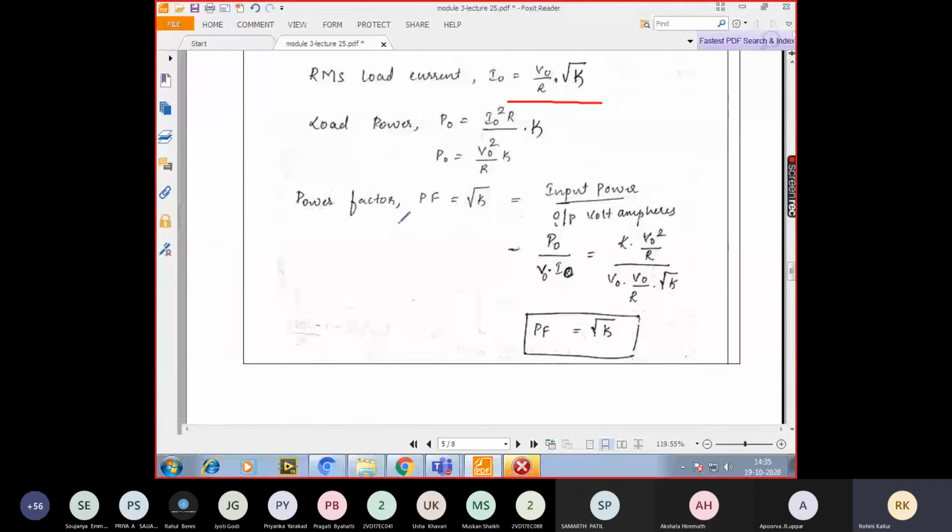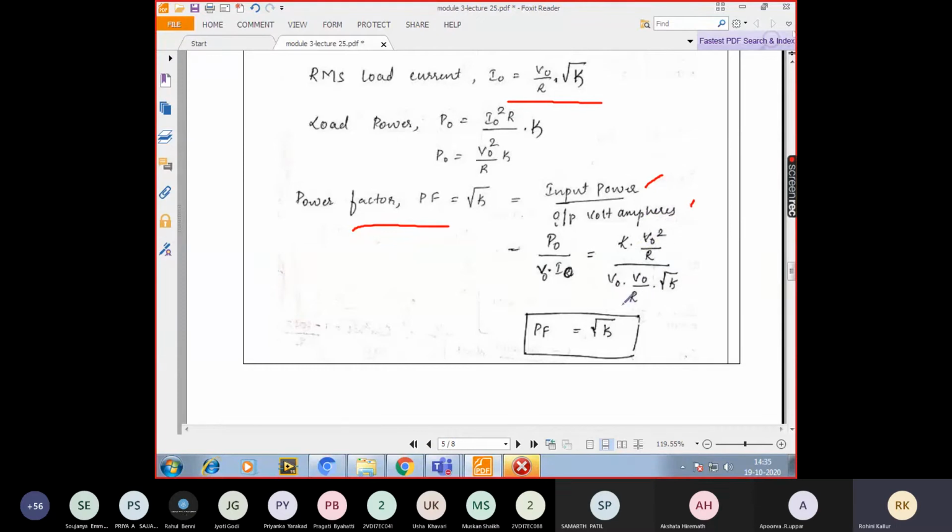So what is power factor? Power factor is the ratio of input power to input volt amperes. Input power is P0 and input volt amperes is V0 into I0. When I write this, you will have V0 square by R into K in the numerator, and in the denominator V0 into V0 by R into root of K. So V0 and V0, which is V0 square, gets cancelled with the numerator term.